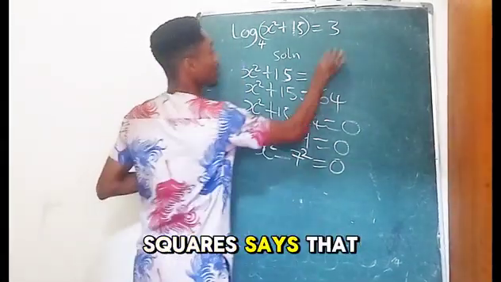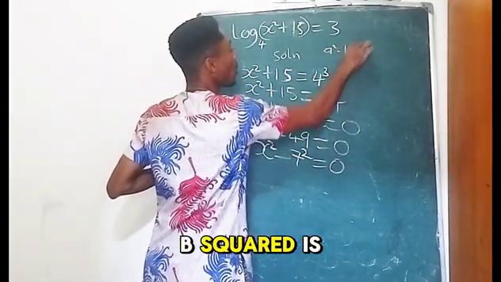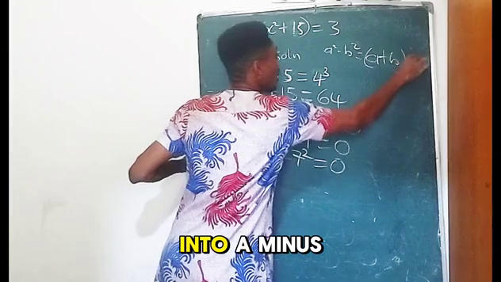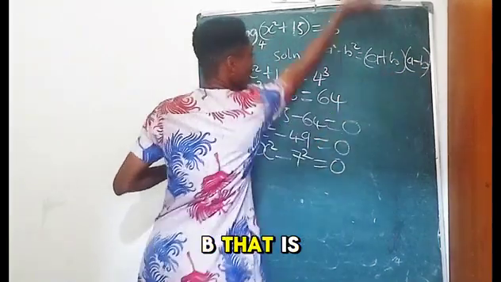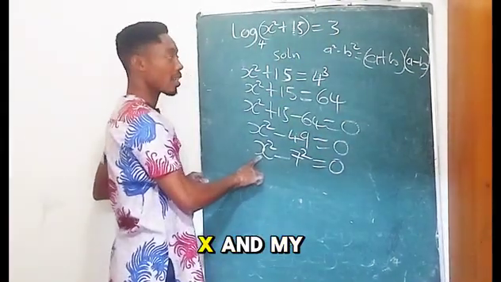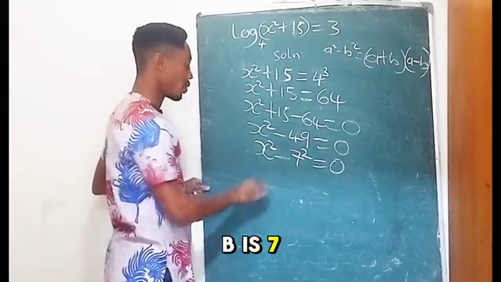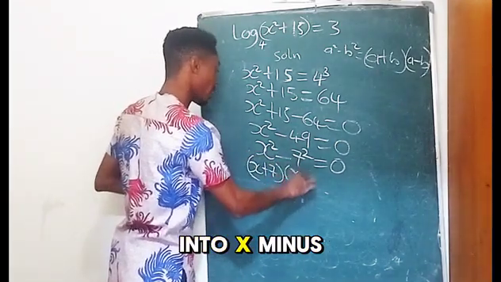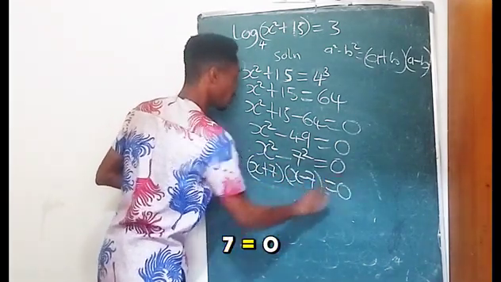Difference of 2 squares says that a squared minus b squared is equal to a plus b into a minus b. By the way, my a here is x and my b is 7. So this is x plus 7 into x minus 7 equals 0.